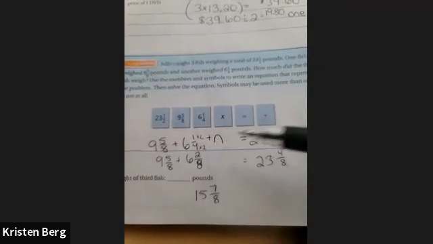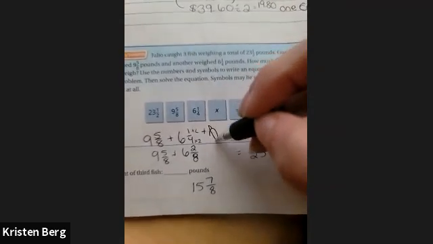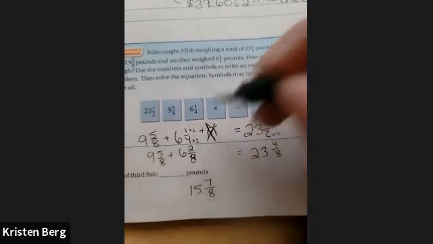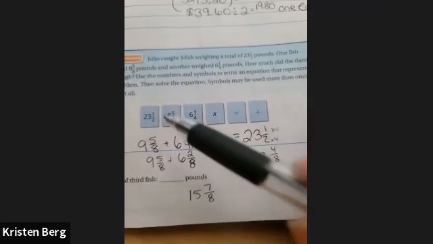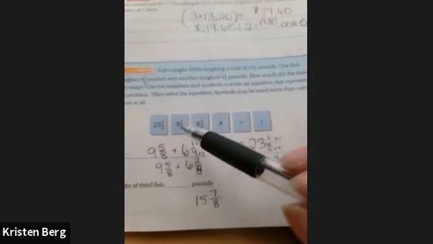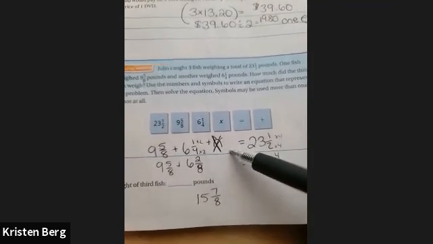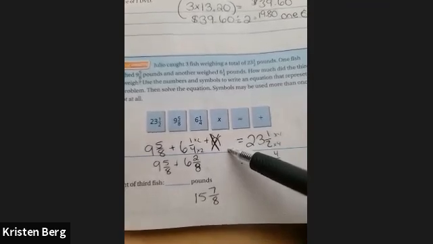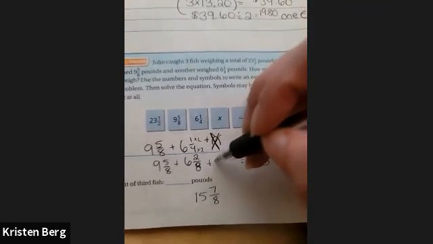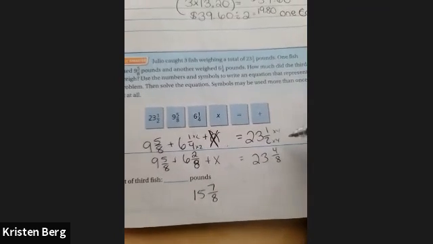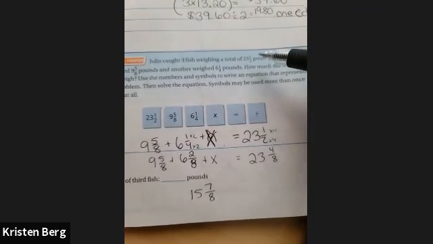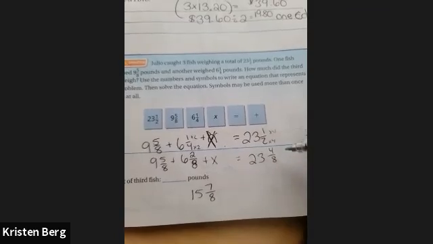All right, so if you paused it, like you should have, you could have done it like this. Oh, I did not listen to instructions. It would have been an X. So in order to do this, you would have to add these two fish plus an unknown third fish, which is X, is going to equal your 23.5 pounds.